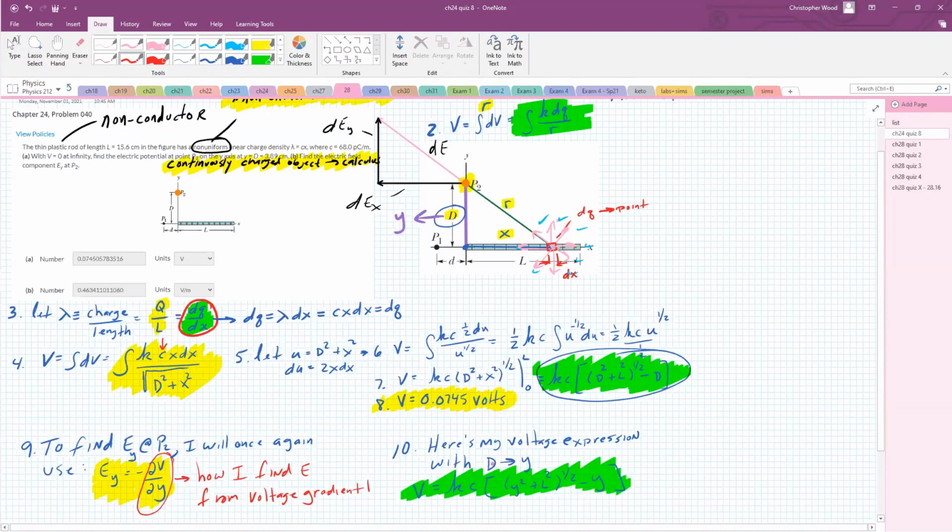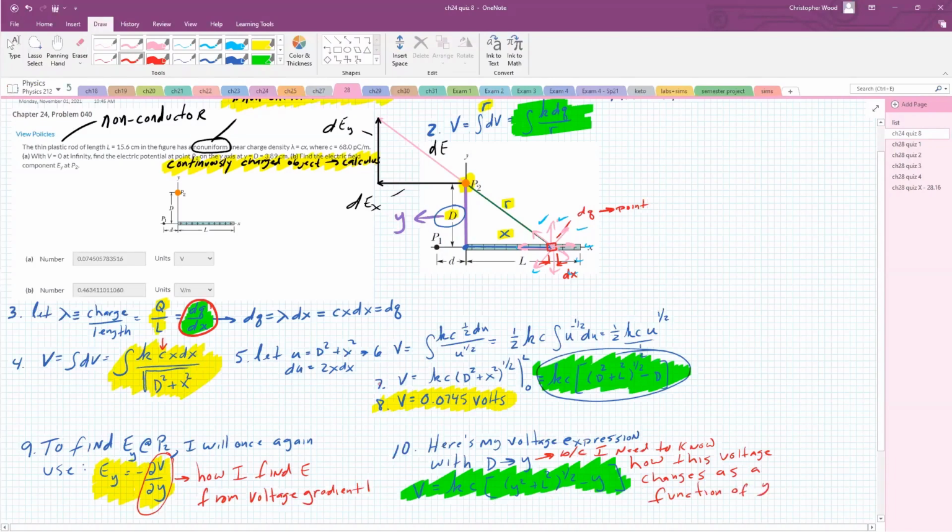Here's my voltage expression with D becoming Y because I need to know how this voltage, which I've already figured out, changes as a function of Y. Okay, that's my motivation here.